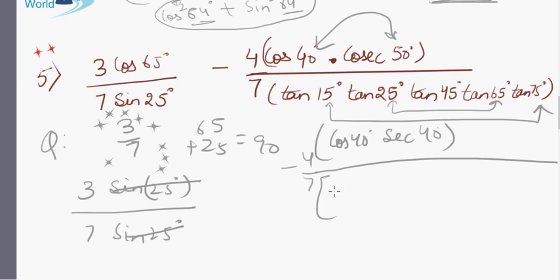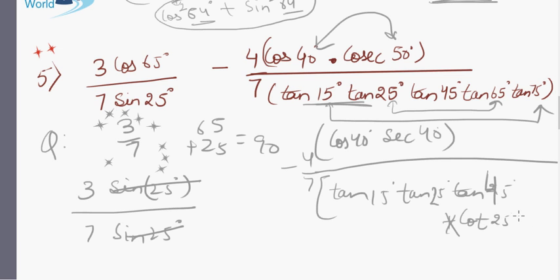So we can reduce the latter parts, leaving these 2 parts as they are, and tangent 65 will become cotangent of the complementary pair, that is 25 degree, and similarly tangent 75 degree will become cotangent of 15 degree.